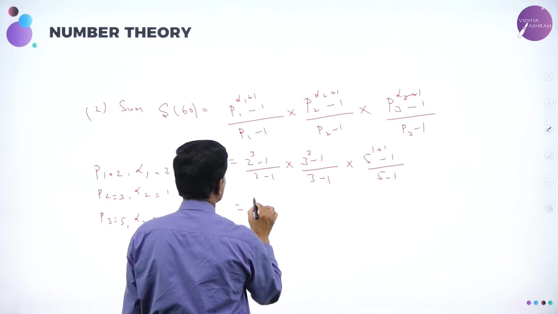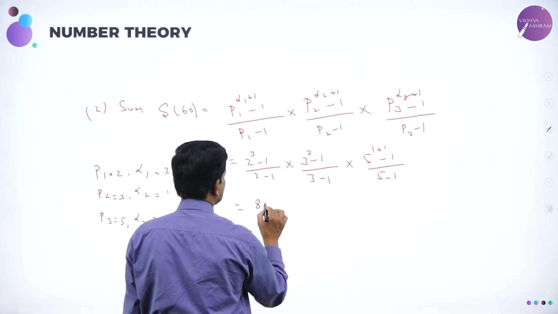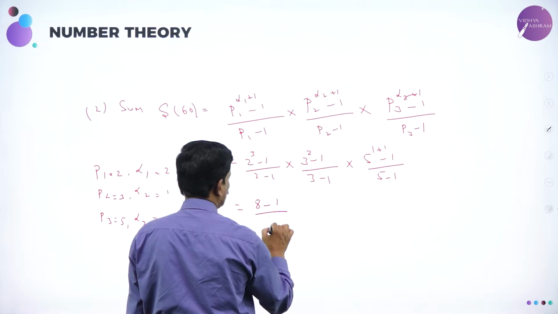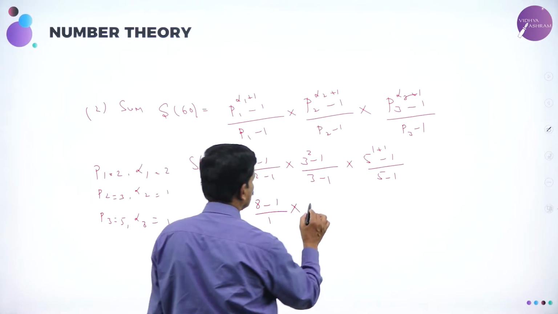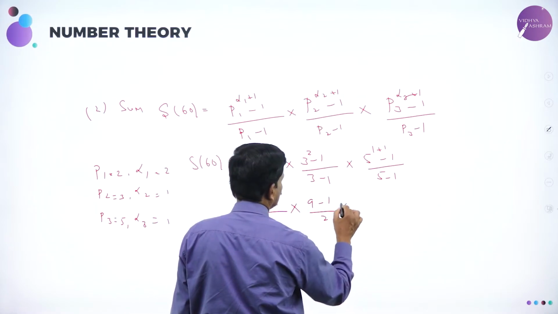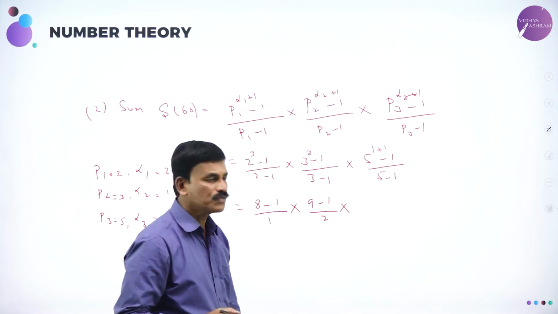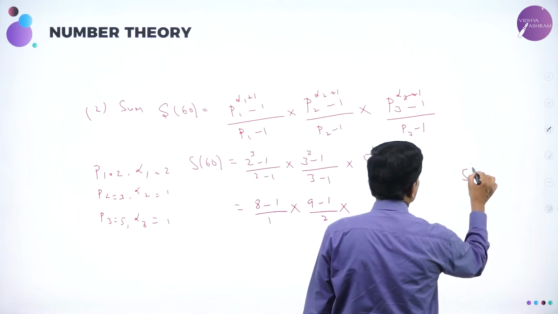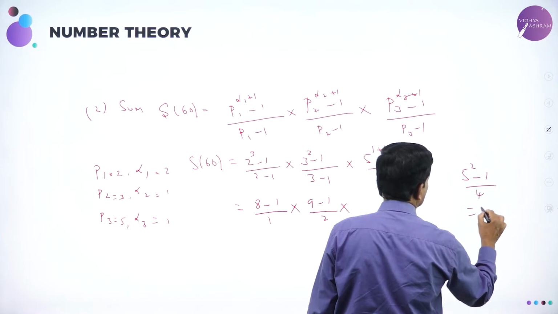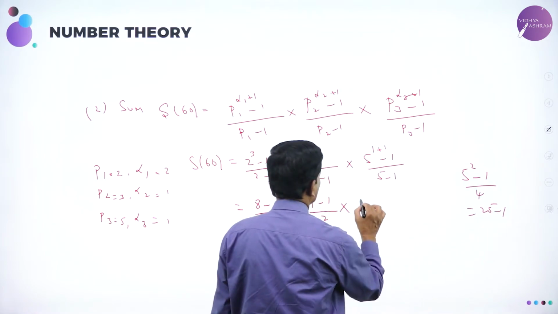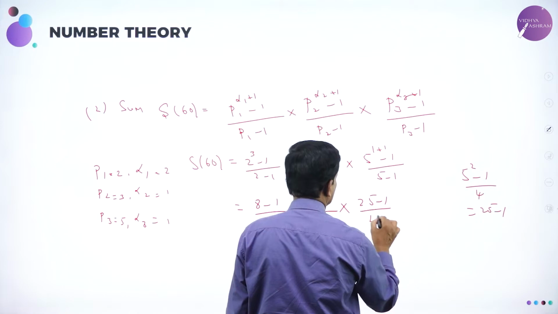So, this is 2 cube. 2 cube is 8 minus 1 divided by 2 minus 1 is 1 into 3 square. 3 square is 9 minus 1 divided by 2 into 5 square. 5 square minus 1 by 4. 5 square is nothing but 25 minus 1, 25 minus 1 divided by 4.